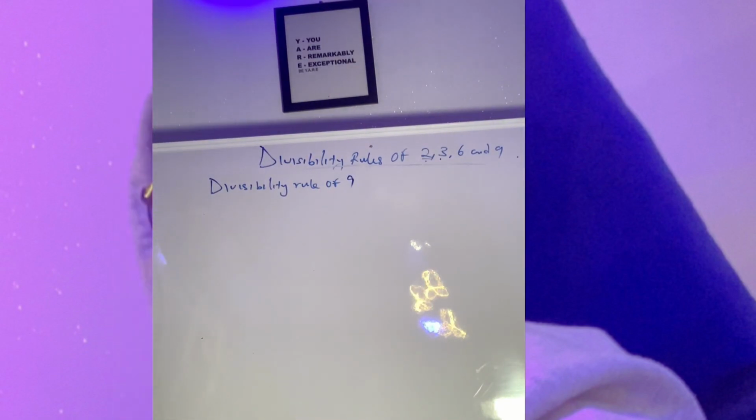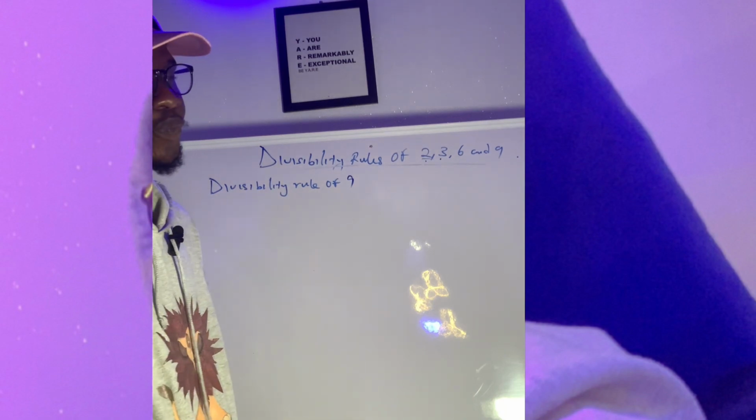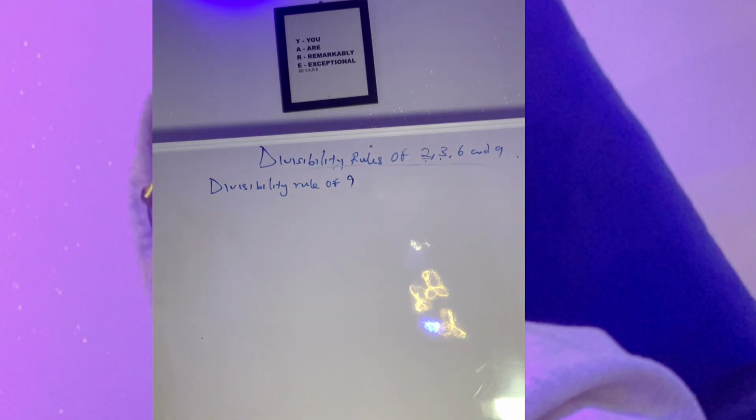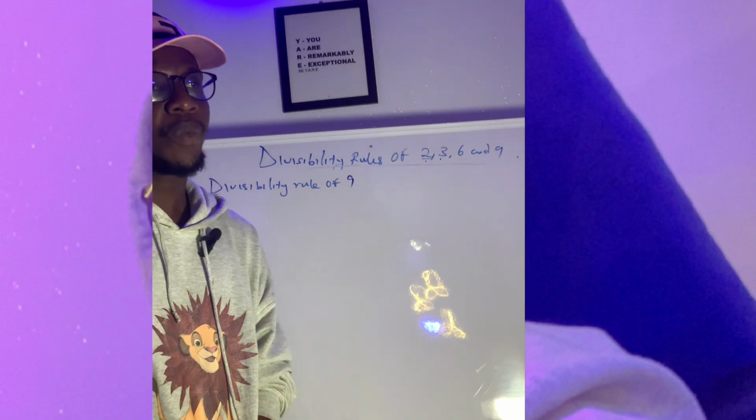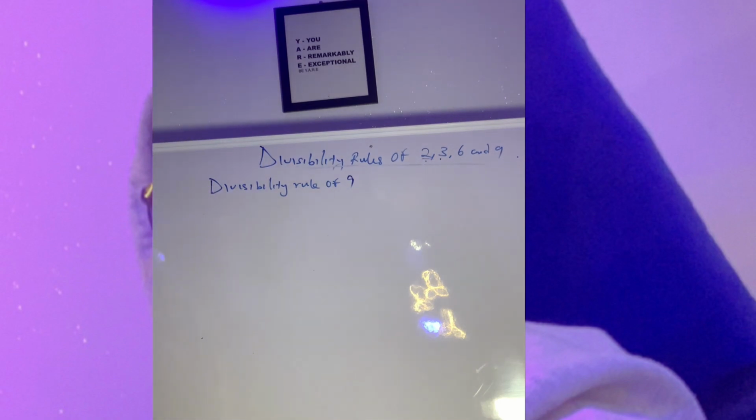Now let's look at the divisibility rule of 9. The divisibility rule of 9 is just like that of 3, which states that if you sum the digits, the sum must be a number that's divisible by 9.